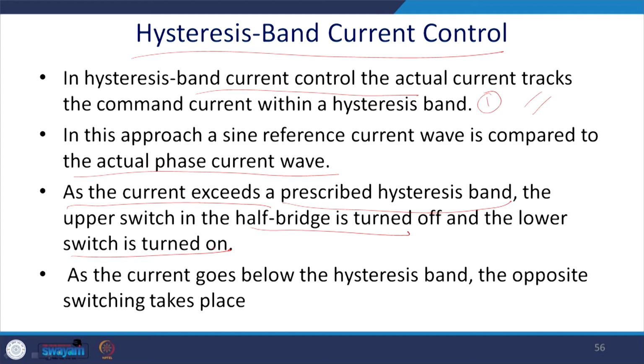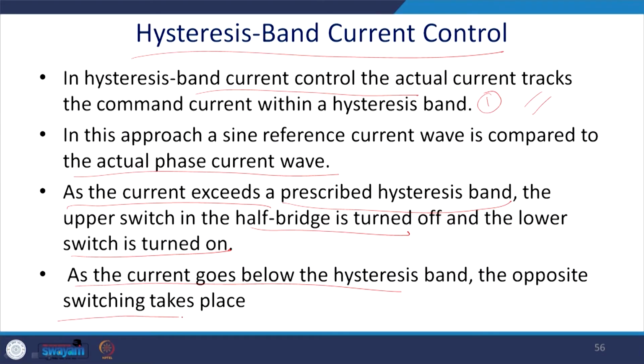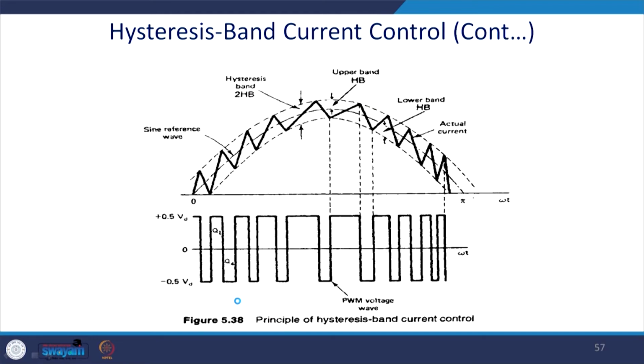Within the band, it continues to allow the lower switch to stay on. Again, when it hits the lower band, then again the upper switch will be turned on. As the current goes below the hysteresis band, the opposite switching takes place. So, this is the case.